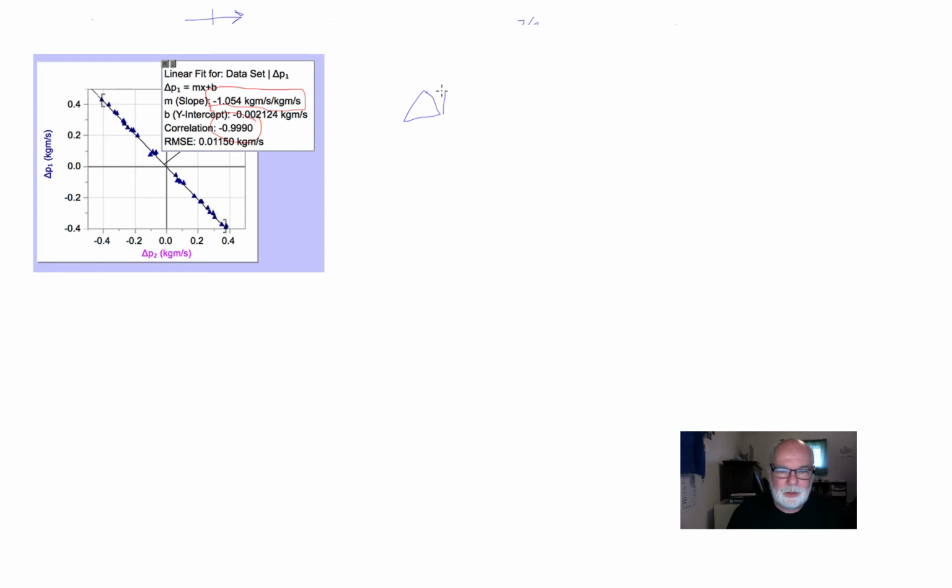So we could say delta P1 is proportional to the opposite of delta P2. Now this negative sign doesn't do too much here, except the fact that it tells us that they're opposite. The same stuff applies with this proportionality as it would if it was positive.